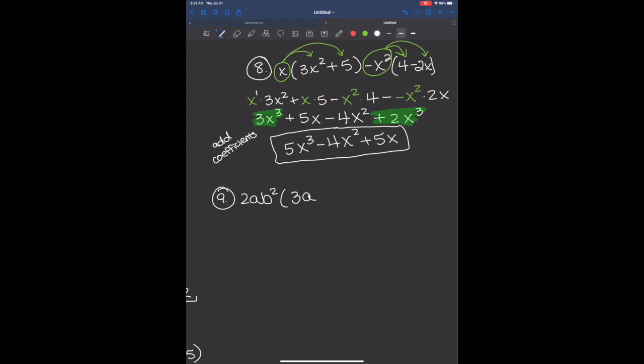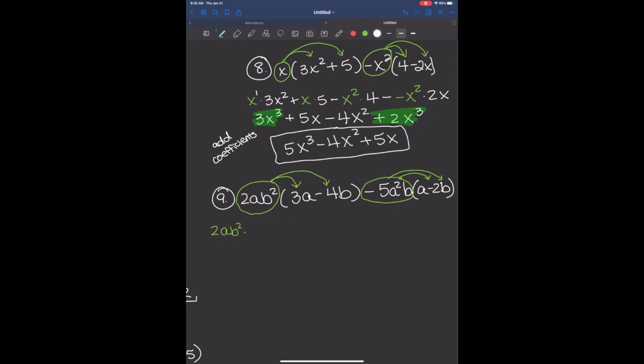Now we have 2ab squared times 3a minus 4b, and then minus 5a squared b times a minus 2b. So we're going to be distributing the 2ab squared and the negative 5a squared b to each set of parentheses.